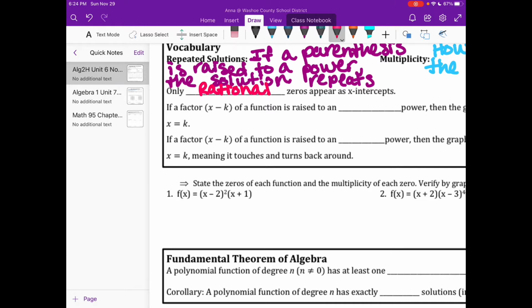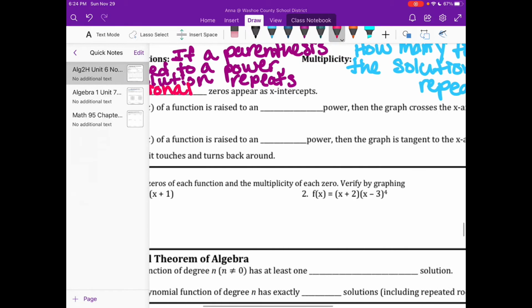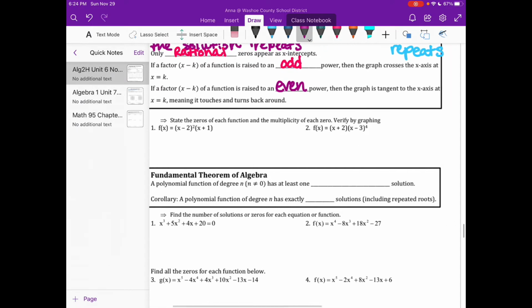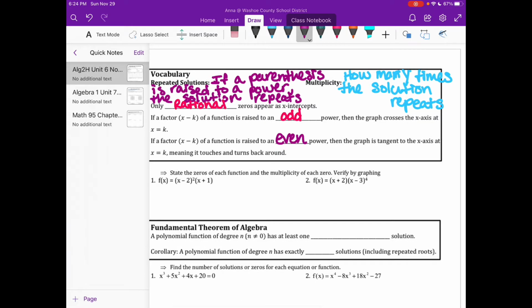If a factor x minus k of a function is raised to an odd power, okay, then the graph's going to cross the x-axis there, right? And if it's raised to an even power, so this is for the multiplicity, what it does is it touches the x-axis and then it turns right back around.